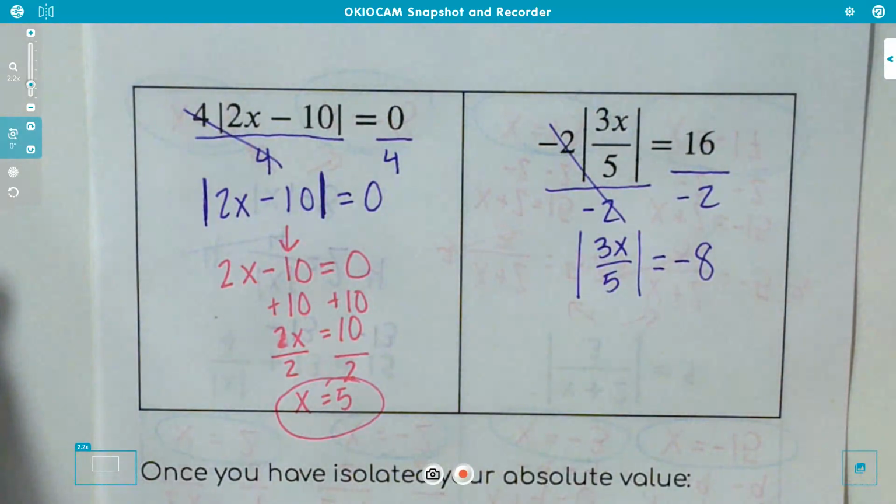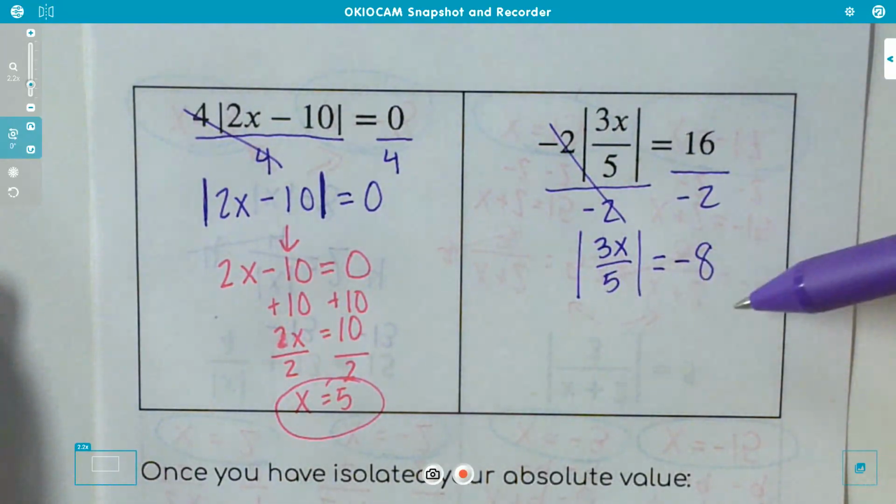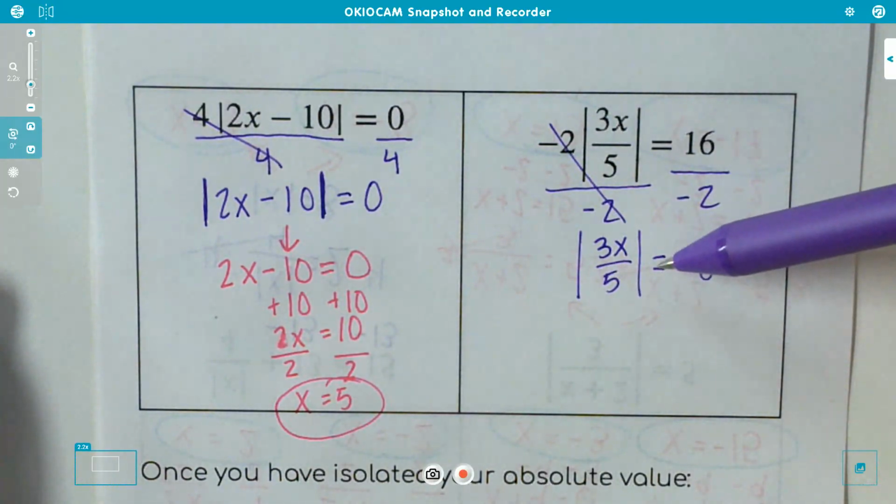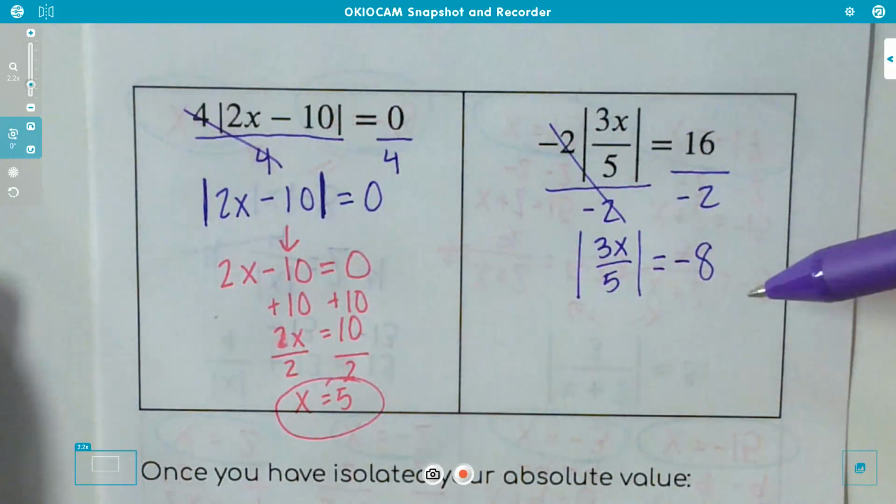Okay, what am I ready to do? Okay, we would want to split now. We are currently equal to a negative.